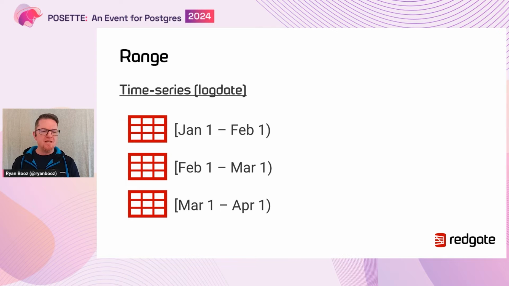And so in this case, if we say January 1st to February 1st, it would include all the data starting with January 1st, 00:00, all the way up to the second or the microsecond right before February 1st, 00:00. And then the next partition picks up right there and repeats similarly. Now, we are defining this range, so we have to make sure we have the appropriate overlap, as it were, so that no data is lost between partitions.